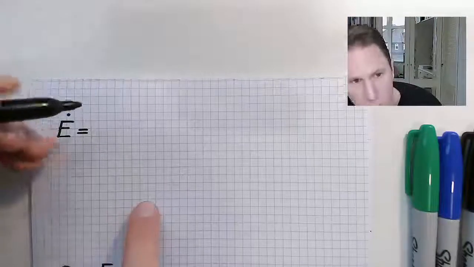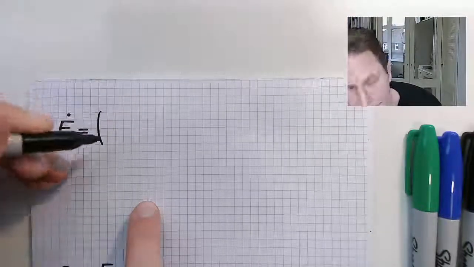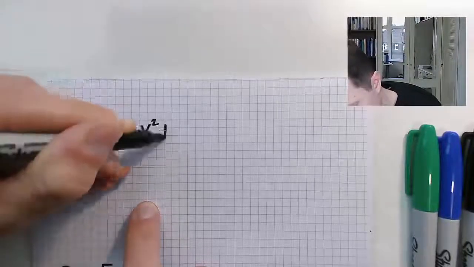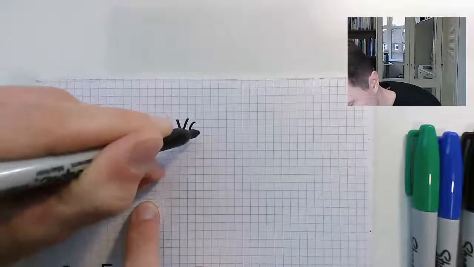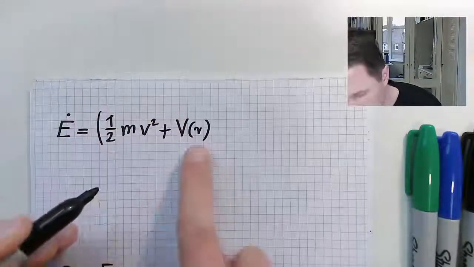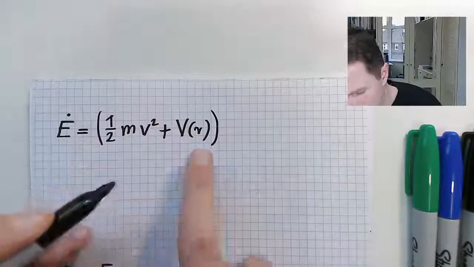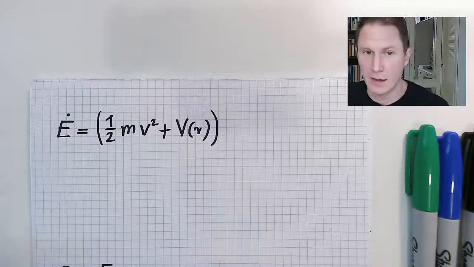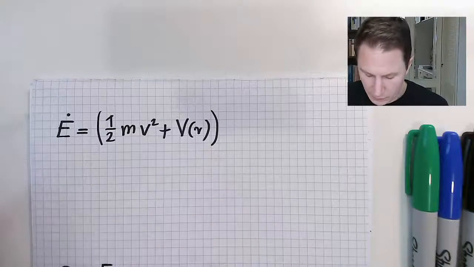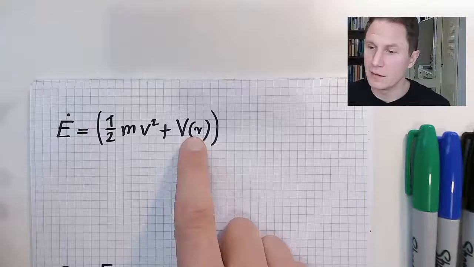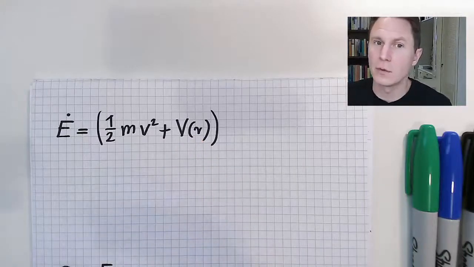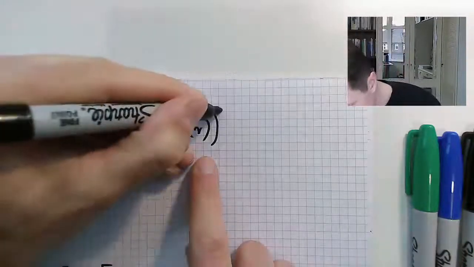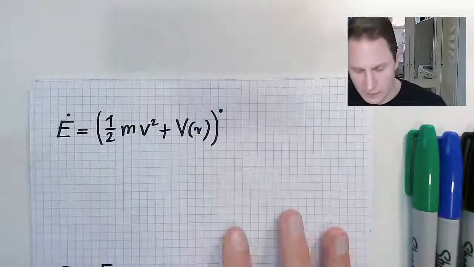The energy is written as 1/2 m v squared plus the potential energy, which depends only on the distance from the center. That is why it's a spherically symmetric force field, because the strength of the force only depends on your distance from the origin, and we want to calculate the rate of change of this quantity.